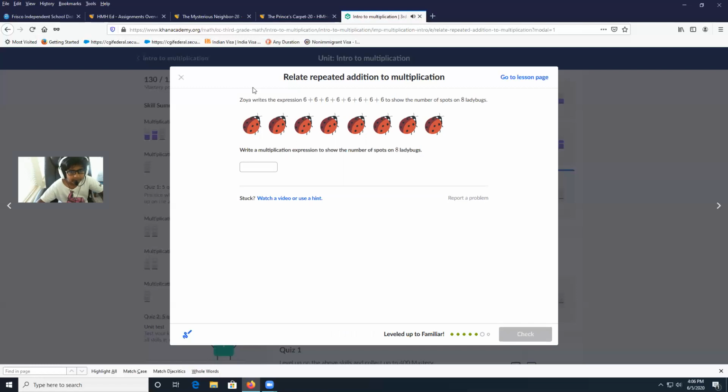Next question. Zoe writes the expression 6 plus 6 plus 6 plus 6 plus 6 plus 6 plus 6 plus 6 to show the number of spots on ladybugs. Write a multiplication expression to show the number of spots on 8 ladybugs.